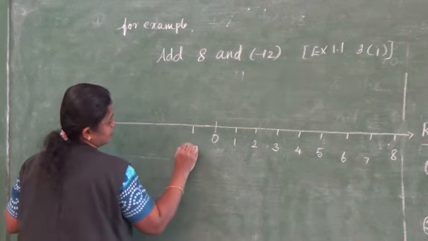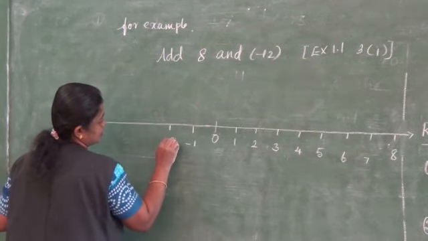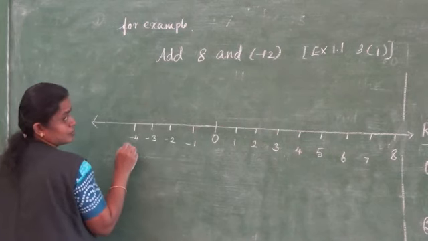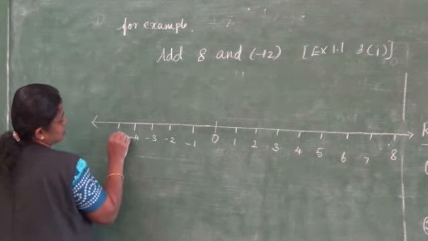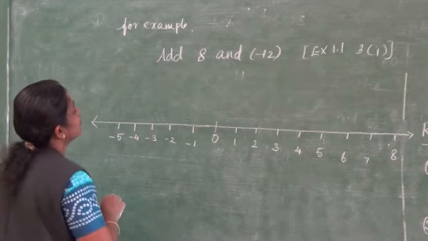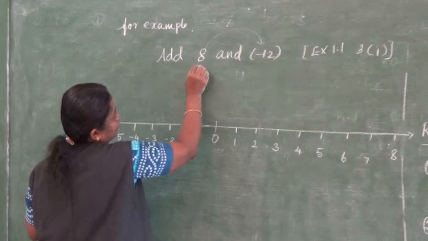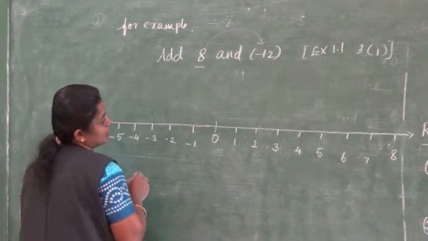Left of 0, minus 1, minus 2, minus 3, minus 4, minus 5. You have to add 8 to minus 12. First, to mark 8 on the number line.